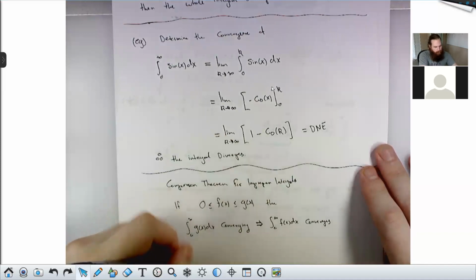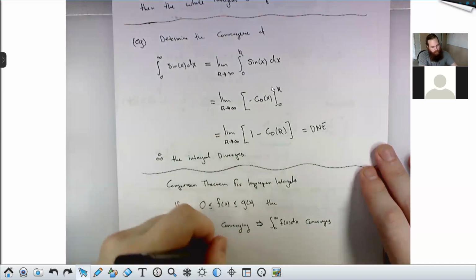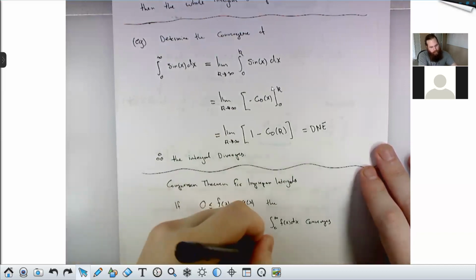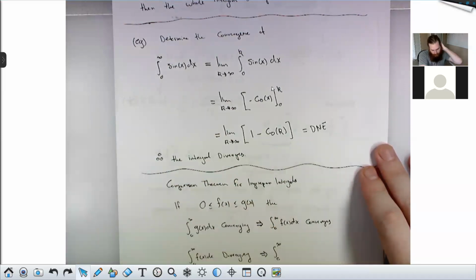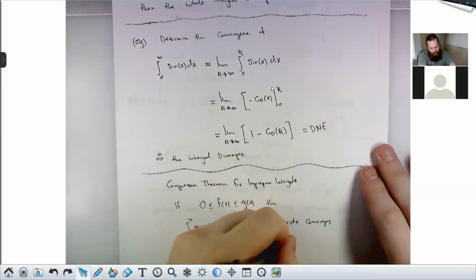And if the integral from a to infinity of f of x dx diverges, then the integral from a to infinity of g of x diverges.